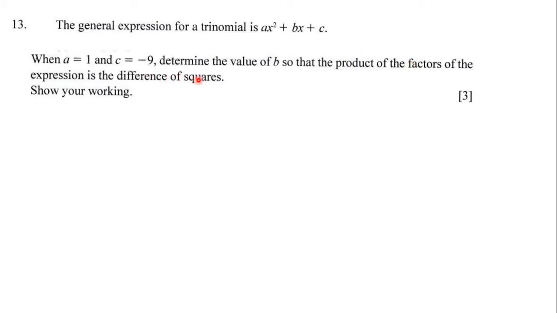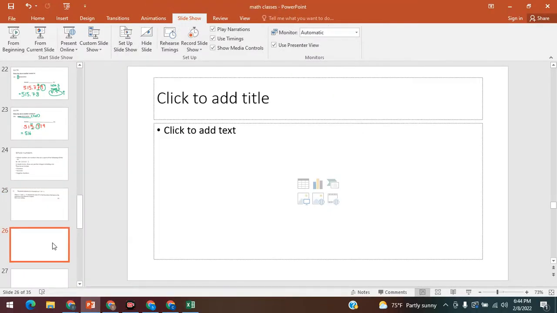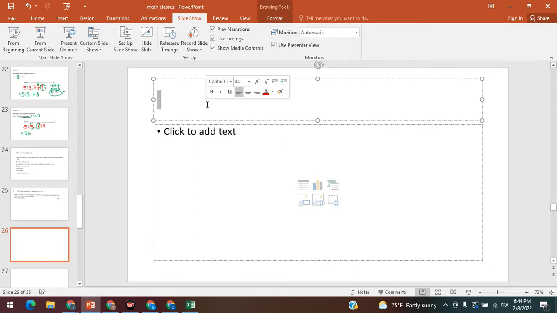Now, I don't know if you're familiar with difference of squares, but let me just explain it first. Anyone know what we mean when we say difference of squares? Subtract. Okay, very good. So let's just break it down.